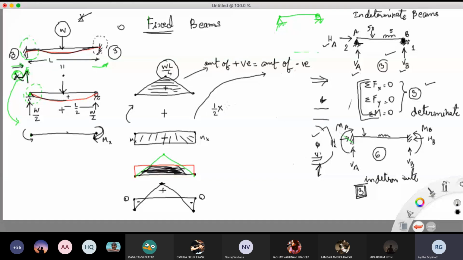So 1/2 WL by 4 into L has to be equal to, let's say this is Mx, so Mx into L. Okay, so it's easy to conclude that whatever this Mx is, it is actually WL by 8. Right?